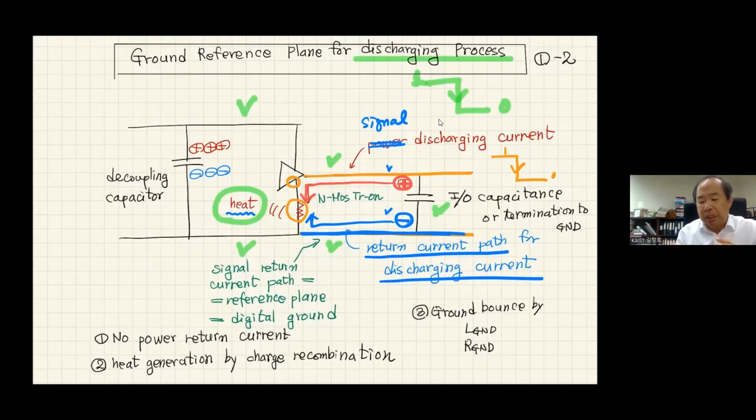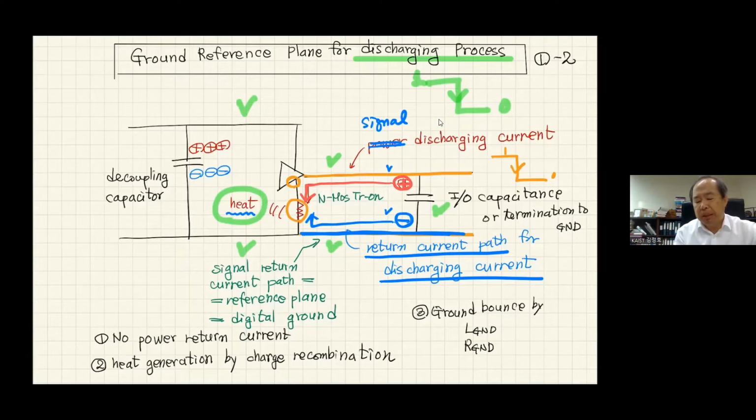At the package level, probably in the 100 gigahertz range, we're going to have some charging current path, and in the kilohertz or megahertz range, the decoupling capacitor on the PCB will be responsible for charging. So for each different frequency range, because of different decoupling capacitors, the return current path will be different.